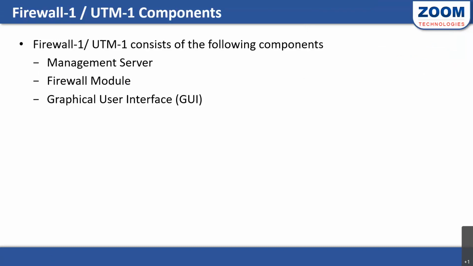Now, today, if you speak of the majority of the firewalls, you don't have a command line interface for doing any configuration. So you'll not be able to type some commands and do the configurations on firewall. Everything has to be done using a graphical user interface. So in terms of Checkpoint, we have something called Smart Console.